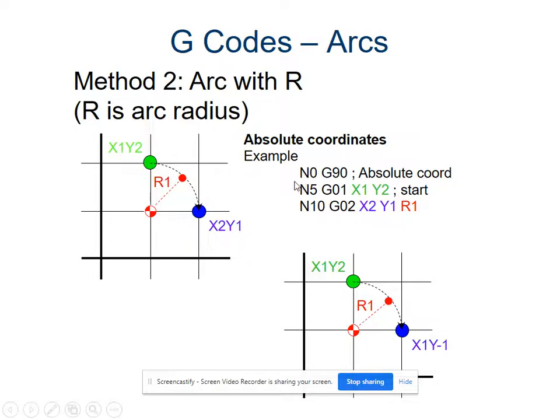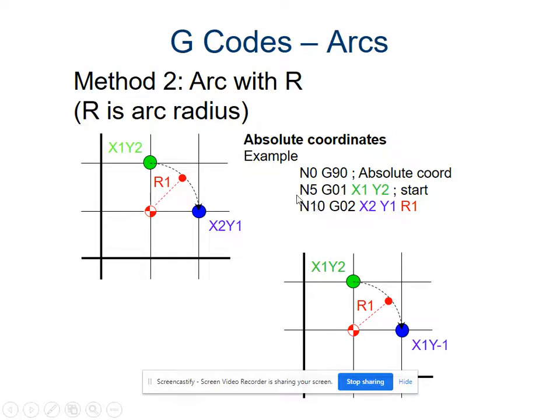Here's an example: N0, which is our first line of code, then G90. Ethan, what was the G90 again? Yep, absolute coordinates. And then we have N05, G01, X1, Y2.